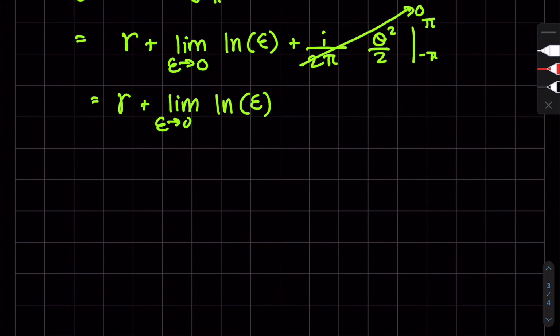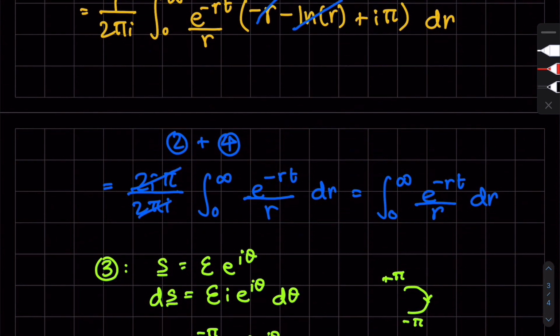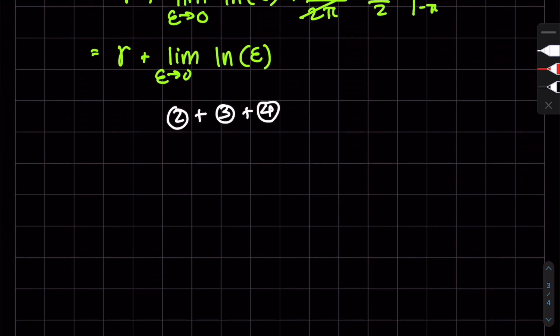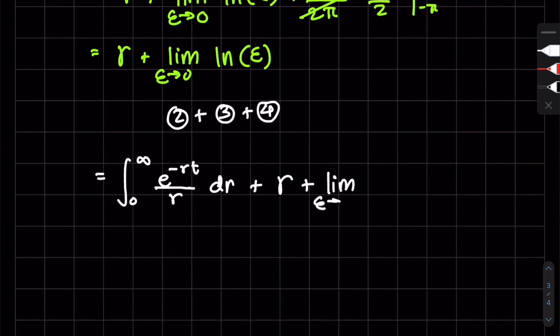Okay, so we have to just check if everything works. So 2 plus 3 plus 4. We know what 2 plus 4 is. That's just that: integral from 0 to infinity of e to the minus rt over r dr, plus Euler-Mascheroni, plus the limit as epsilon goes to 0 of natural log of epsilon.